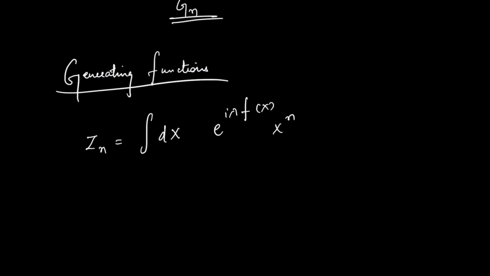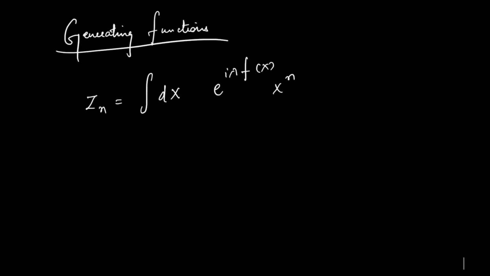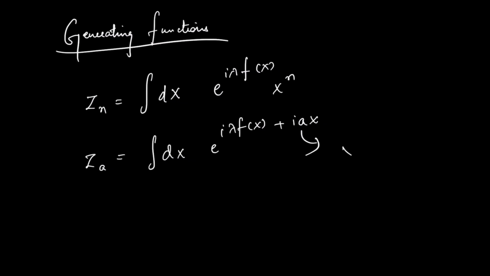Then we always consider a source A such that e raised to i lambda f of x plus i A x, okay, in this form. When you expand this exponential in a power series, the nth term will give you x^n.